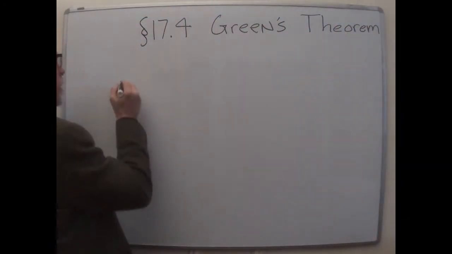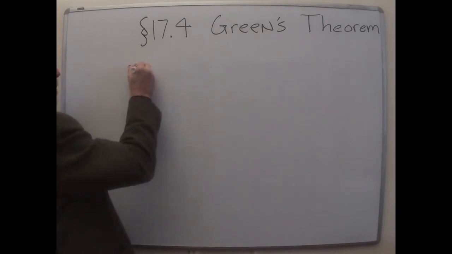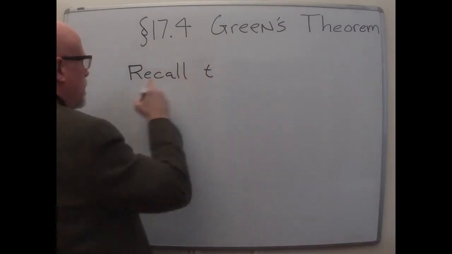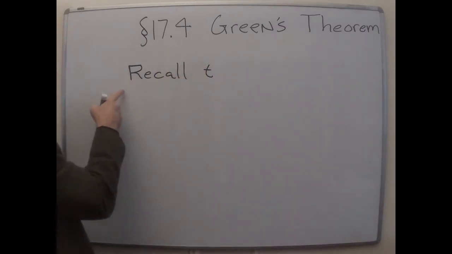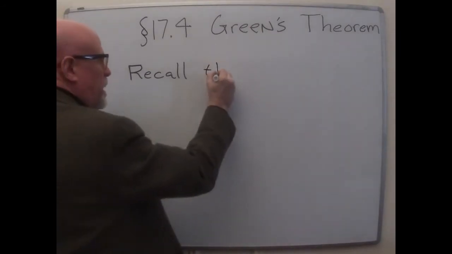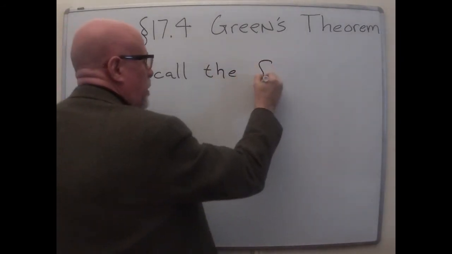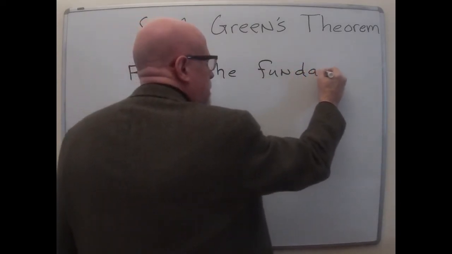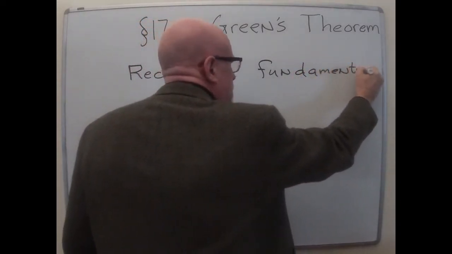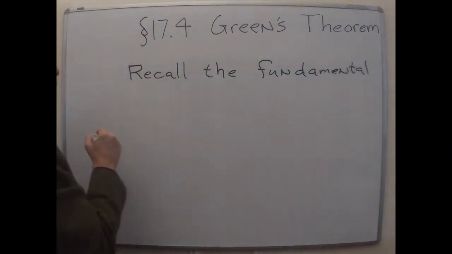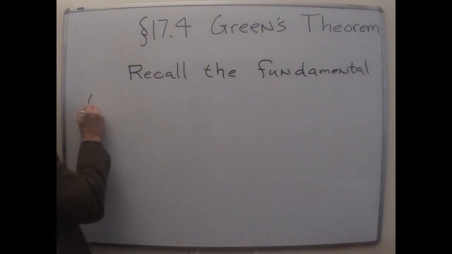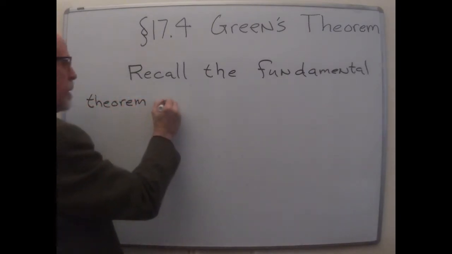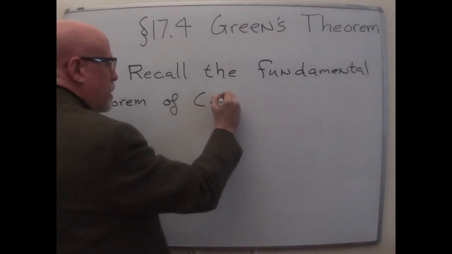Remember the fundamental theorem of calculus? So let's just recall. Anyway, recall the fundamental theorem. You may recall that there are multiple versions of it, but I think the simplest version is this one.